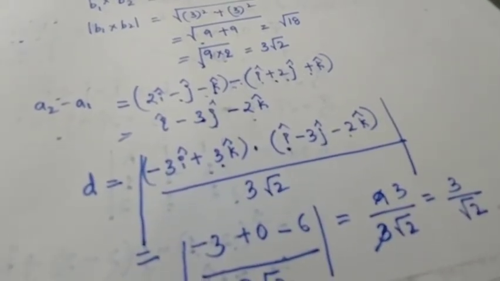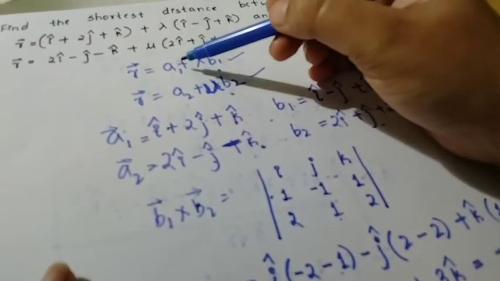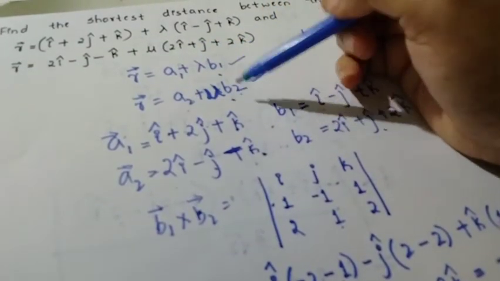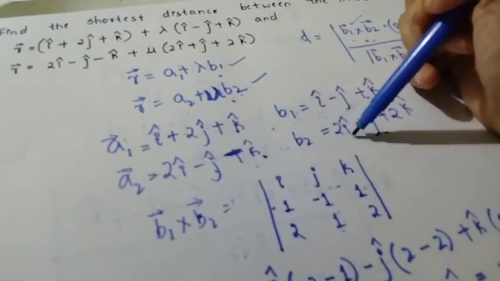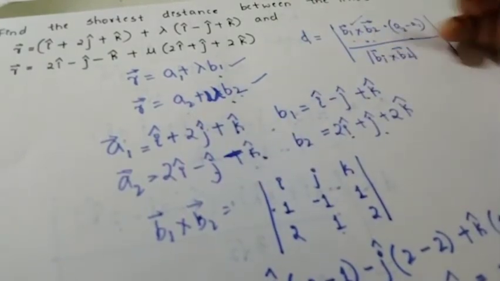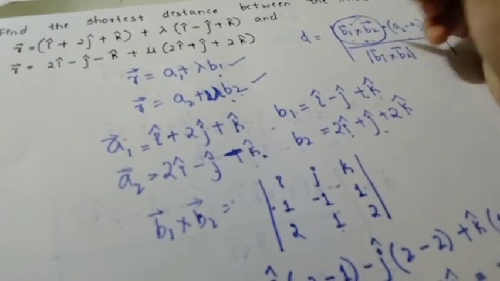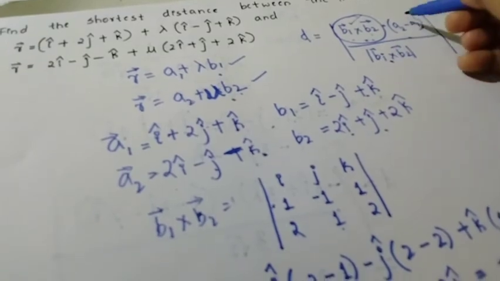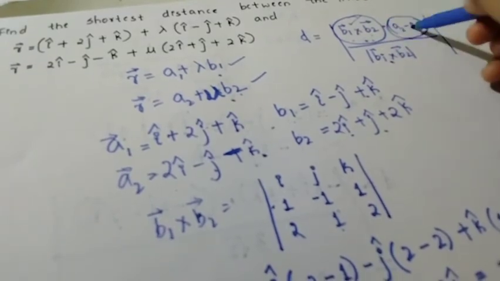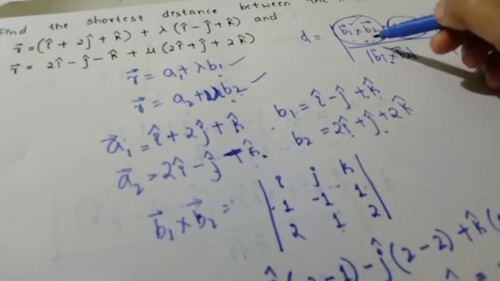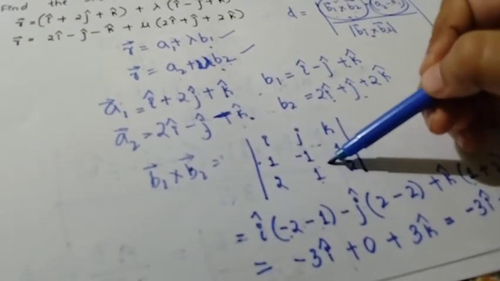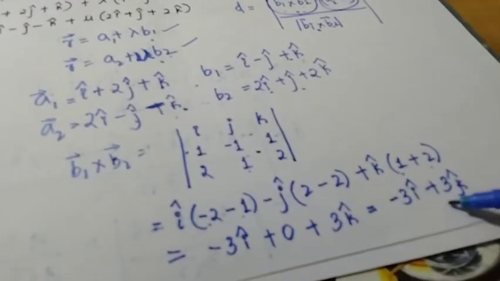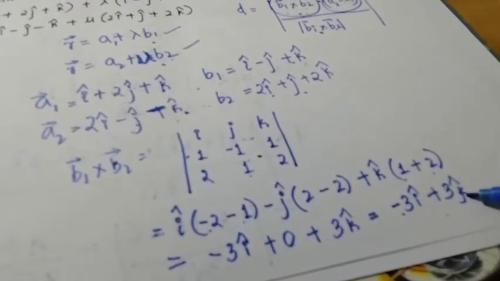So when the shortest distance between two skew lines is asked, first write it in the standard form, a1, a2, b1, b2. Next, according to the formula, you have to find b1 cross b2, and also its modulus, which is its root. Then a2 minus a1. All these three terms you have to find first. For the cross product you take the determinant value. Solving the determinant gives minus 3i plus 3k.